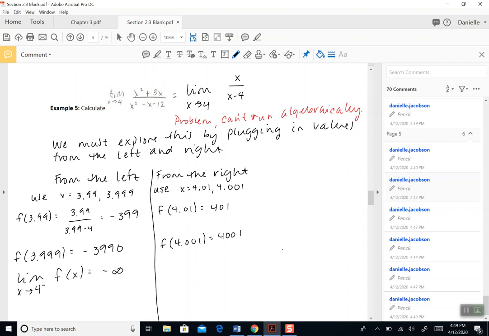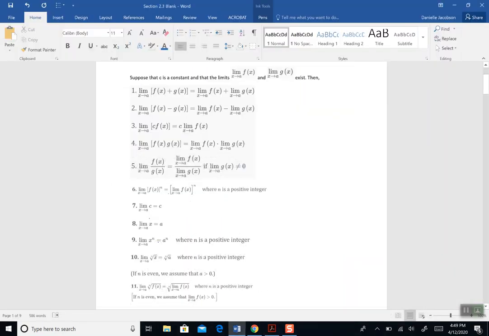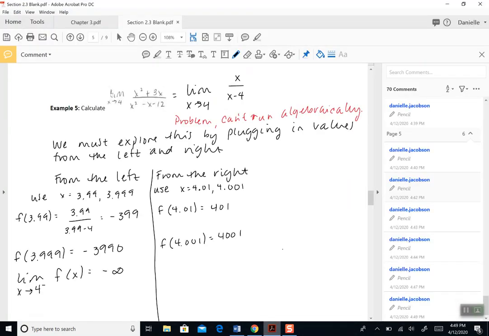All right, coming over here and moving from the right, I get 401, 4001. If I keep going, these would get bigger and bigger and bigger. So I see that the limit as x goes to 4 from the right of f of x, so that's just of my function that I have up here, is infinity.